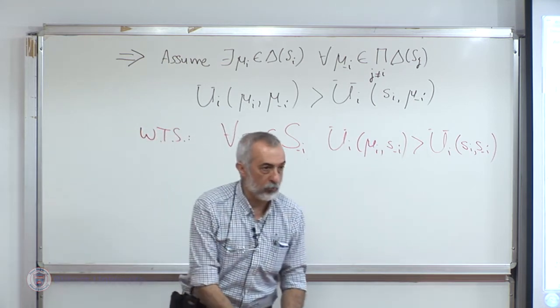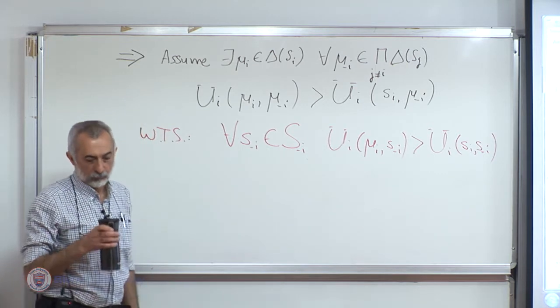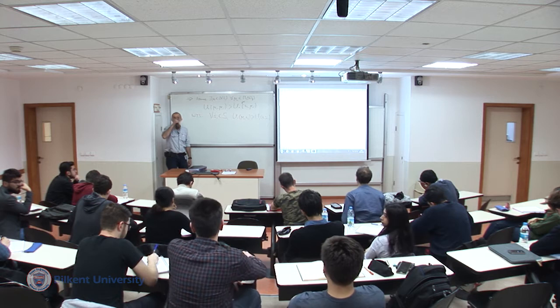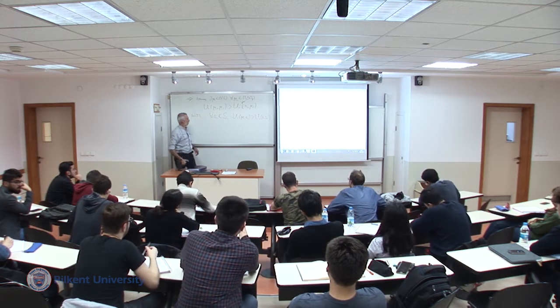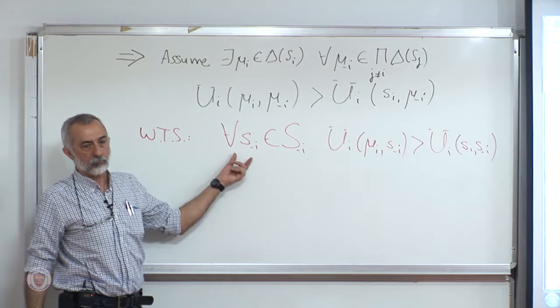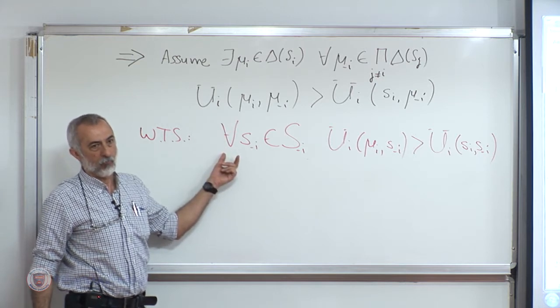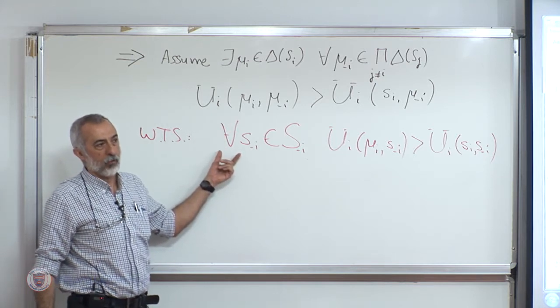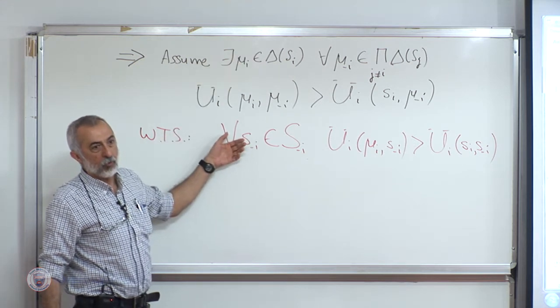So that's what I want to show. How do you show it? Yep. It is also included in mu minus I. Exactly, right? S minus I is played with probability 1. Okay. Works for everything. So actually, this part is pretty trivial.